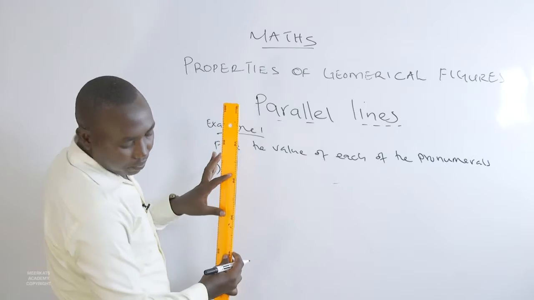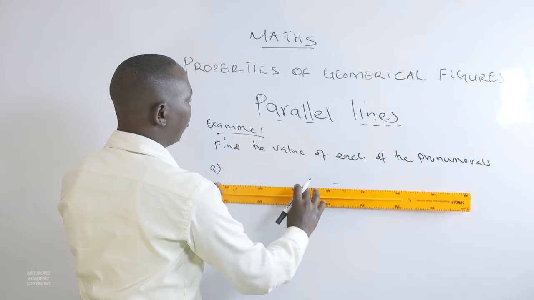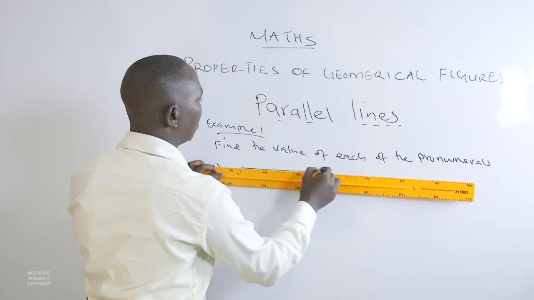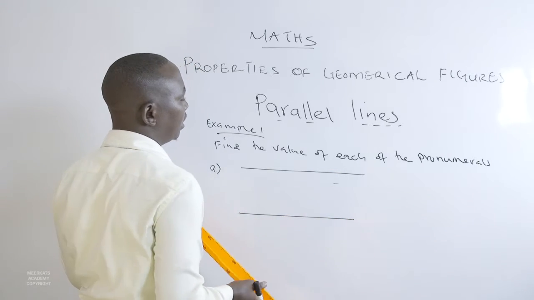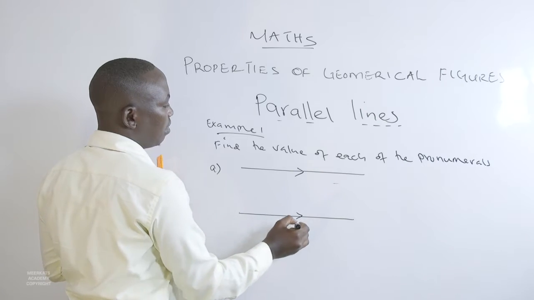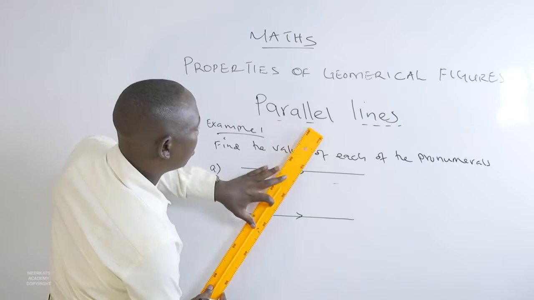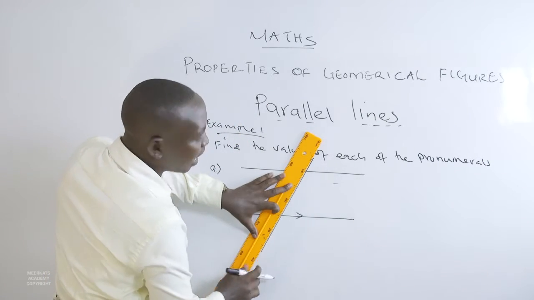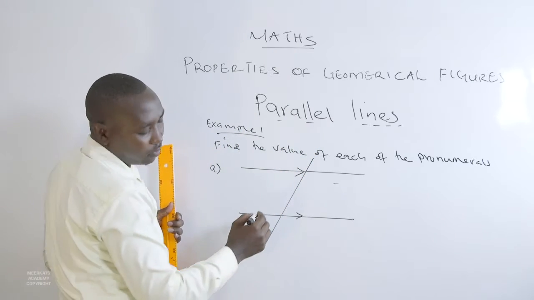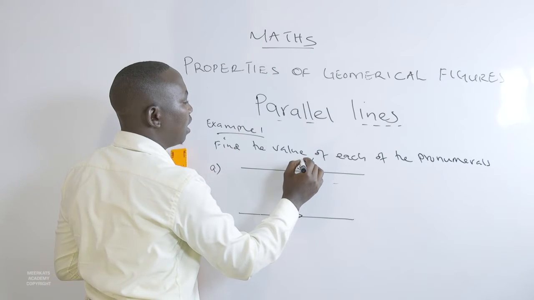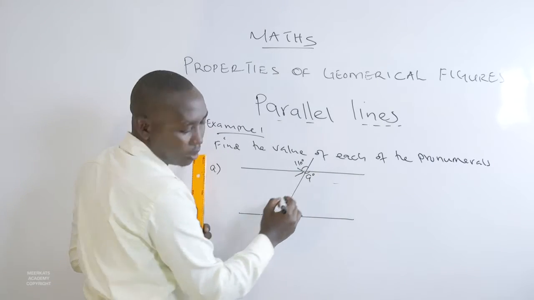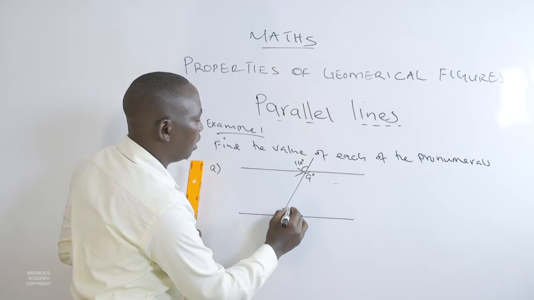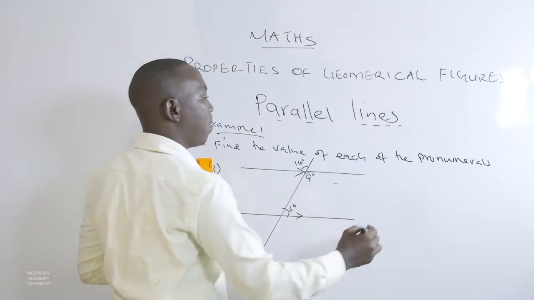Number one, we have this set of parallel lines. You'll see the parallelism by the indication of that. Then we have the transversal. This one is 110, that is A degrees, and this is B degrees.